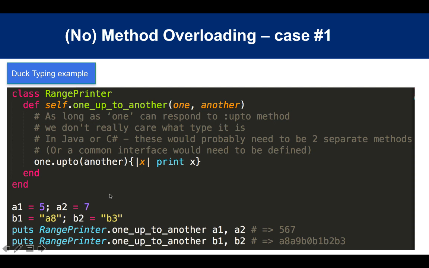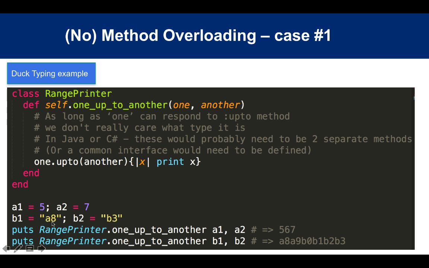So let's see an example. Let's say you have a1 and a2, which are integers. One is 5 and one is 7. Then calling the method with a1 and a2 will print out 5, 6, and 7, because the Integer class supports a method up_to that takes in another value and a block, and it prints from one up until the other. But it turns out that a string also supports a method up_to.